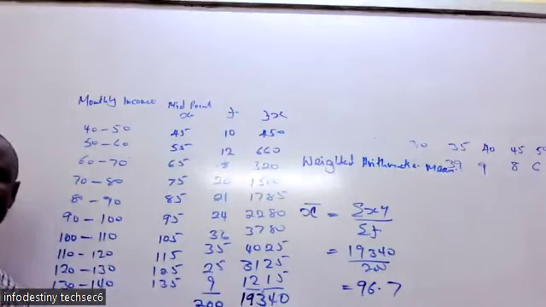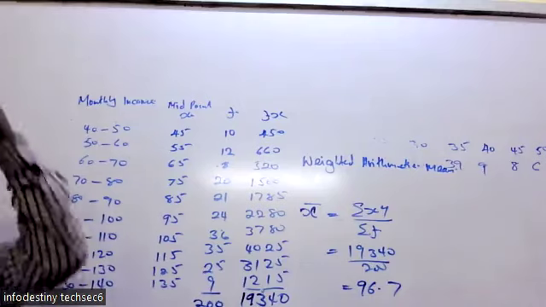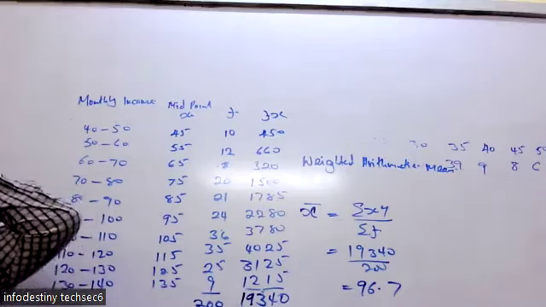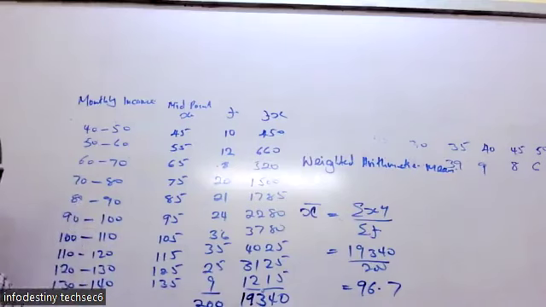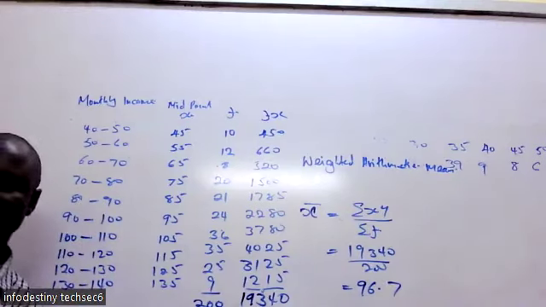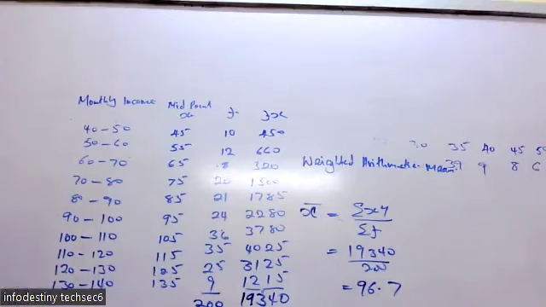When we talk about the weighted arithmetic mean, we are talking about a situation where we have different items, and these items do not have the same importance. Then we get the weight of those items together, then we divide by the weight.